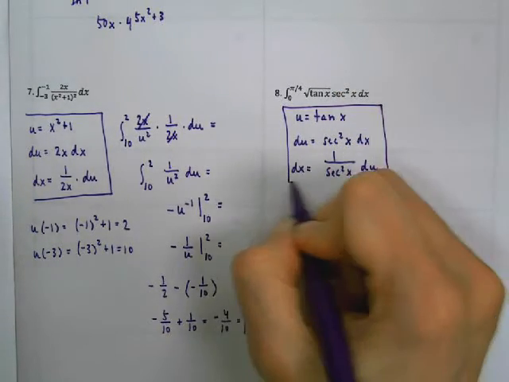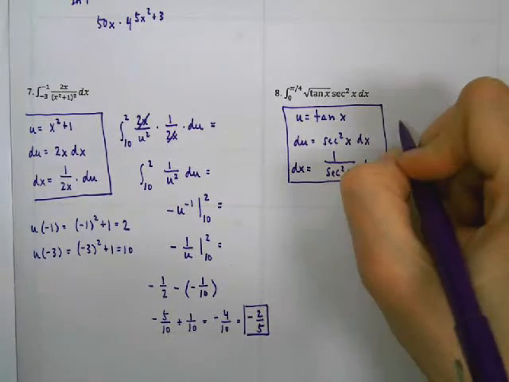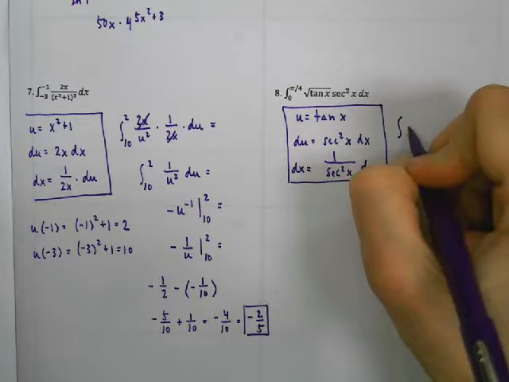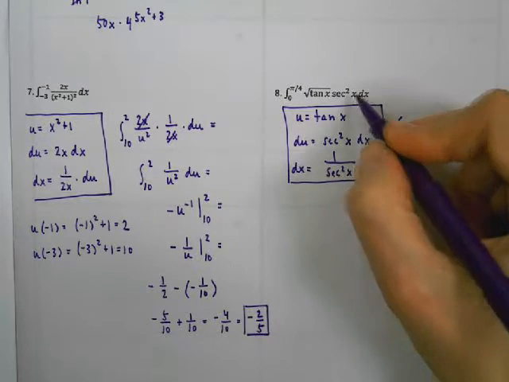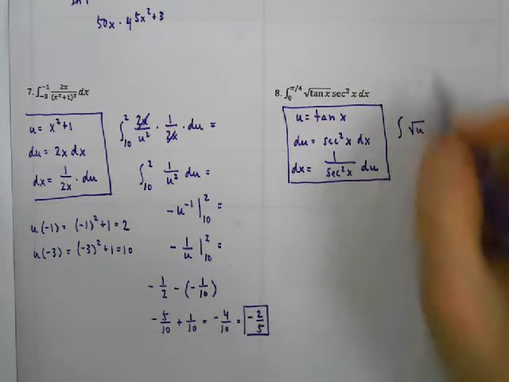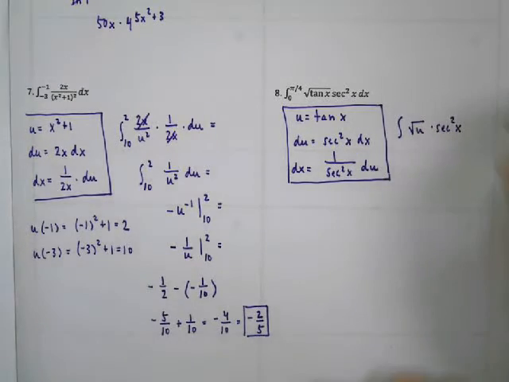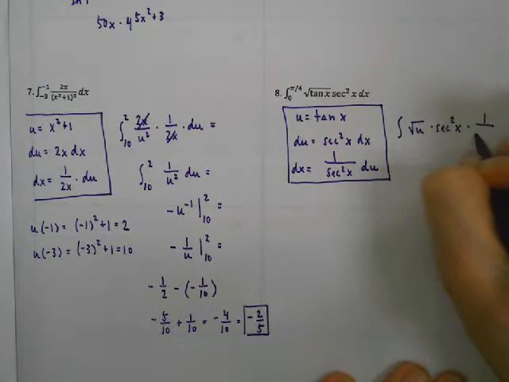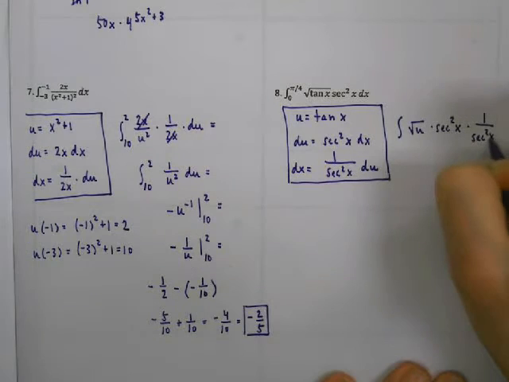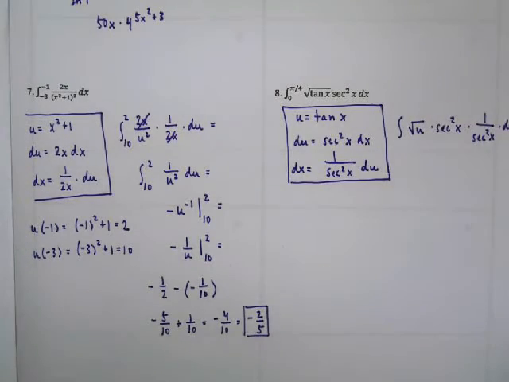Okay, now we head back to our original integral. So I have the integral square root of u times secant squared of x, and then my dx is 1 over secant squared of x times du.